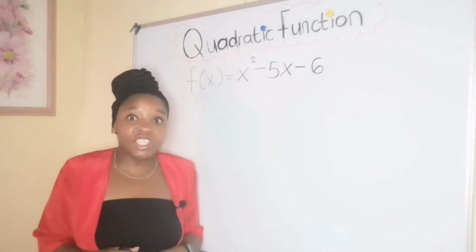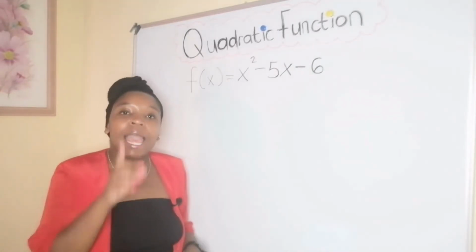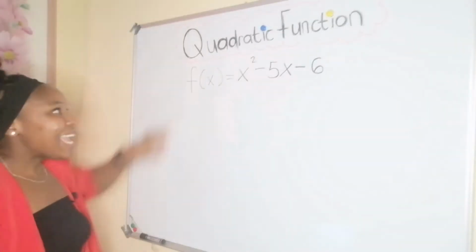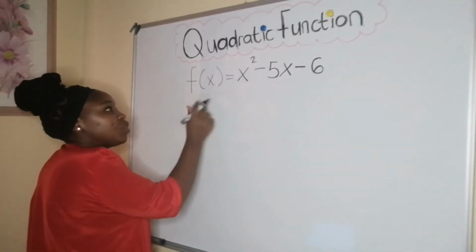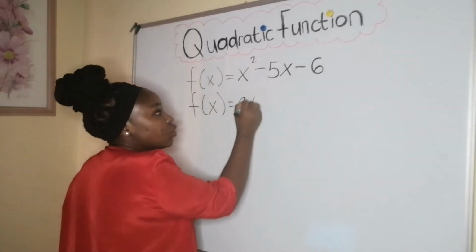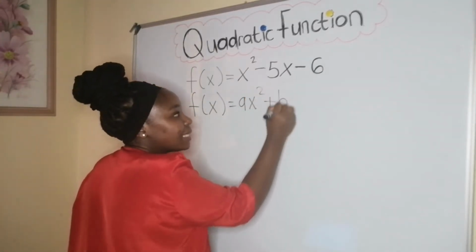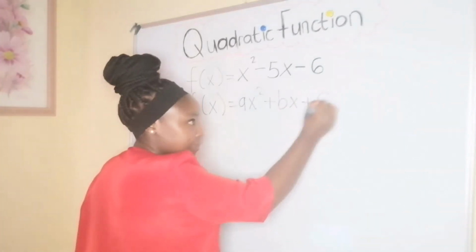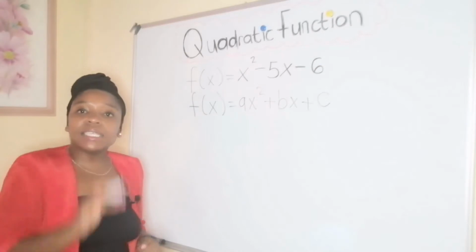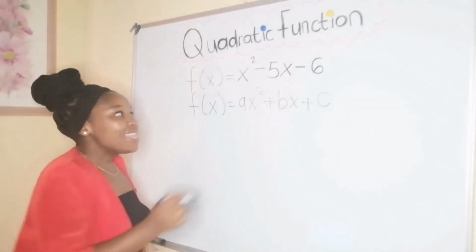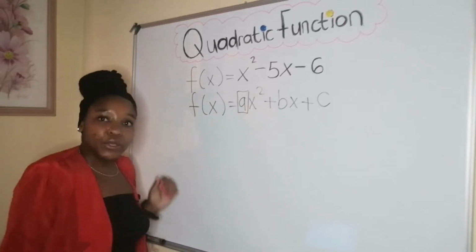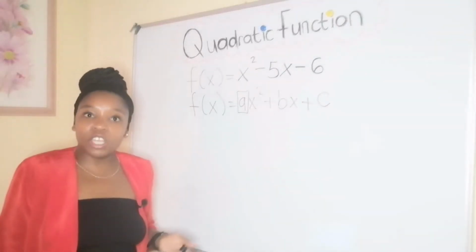The first thing that I mentioned is the shape, right? How do you determine the shape of your quadratic function? Like I mentioned, if your quadratic function is given in the form of f of x equal to ax squared plus bx plus c, then the value of a is going to tell you about the shape of our quadratic function.